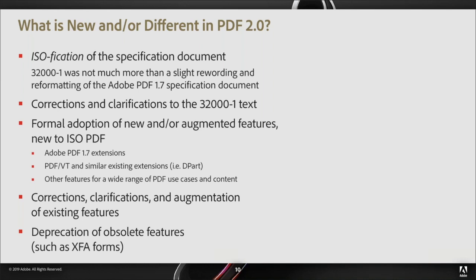Some of these were already in Adobe's PDF 1.7 extensions. It supports some things that came from PDF/VT, such as something called DPart, and other features for a wide range of PDF use cases and content. It has a number of corrections, clarifications, and augmentations of existing features, and deprecated some obsolete features, such as XFA forms. If you don't know what an XFA form is, don't worry, it has nothing to do with print.